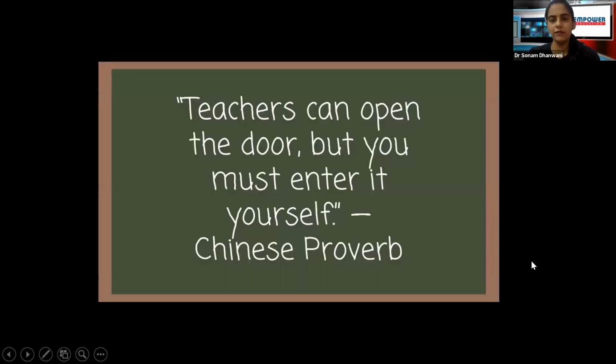Going forward, like we always start with a quote: teachers can open the door, but you must enter it yourself, right? So now teachers are definitely going to open doors for you, right? We as teachers are here to teach you all, to guide you all, to make you learn new things. But whether you actually wish to apply that in your day-to-day life, whether you decide to take up those manners, decide to take up that kind of schedule, or those kind of nice things, completely depends on yourself, right?